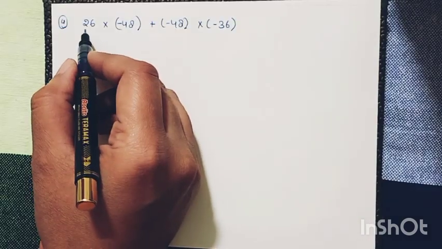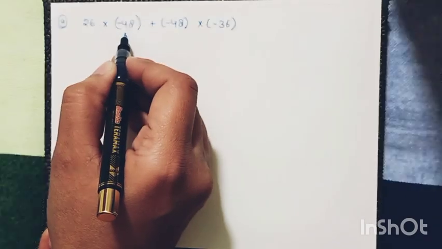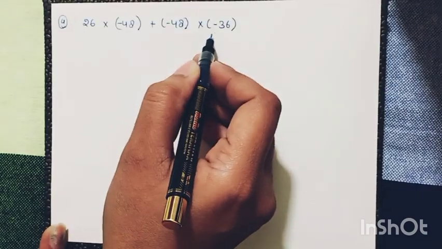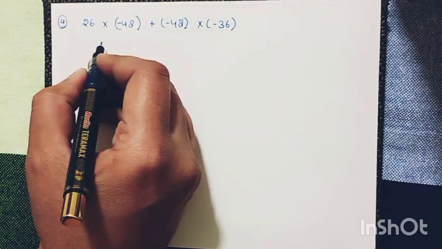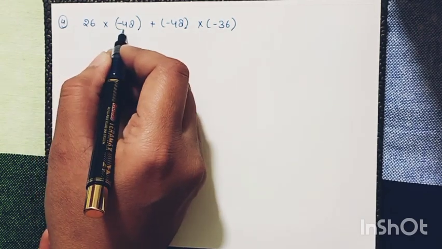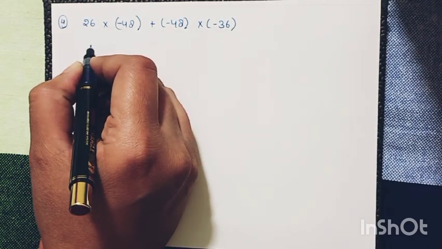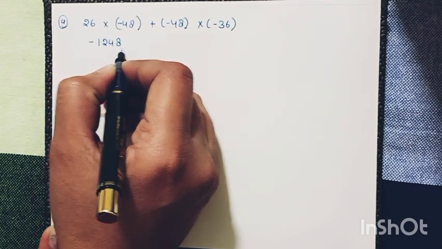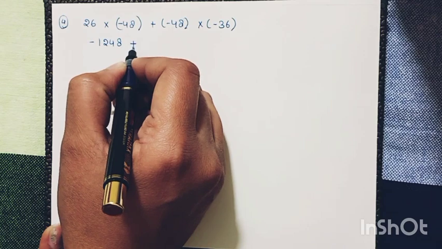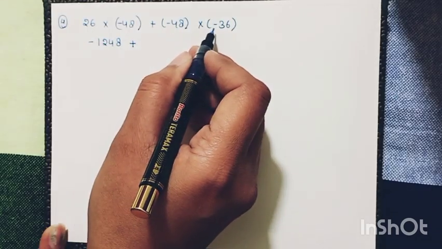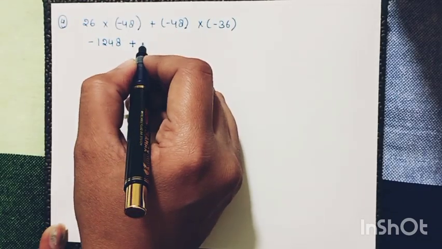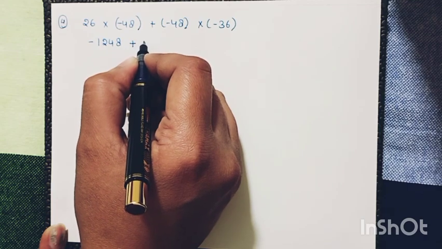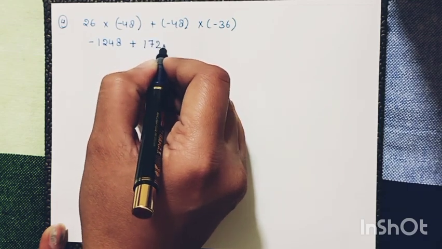We can simply solve these two products and then add them. So 26 multiplied by minus 48 will give us minus 1248. Then these two numbers are both negative, so their multiplication will give us a positive number, that is 1728.